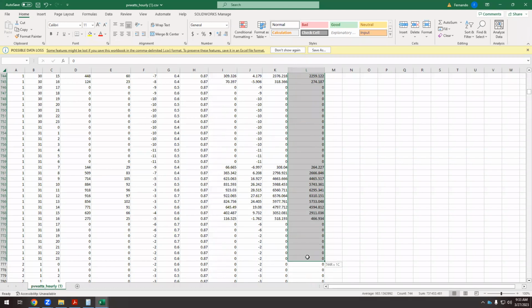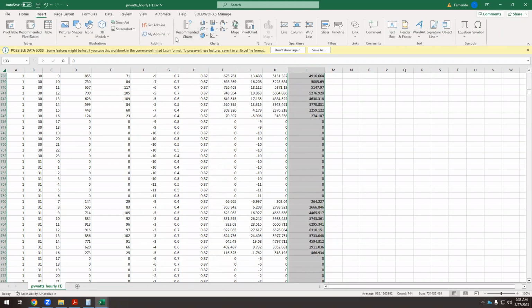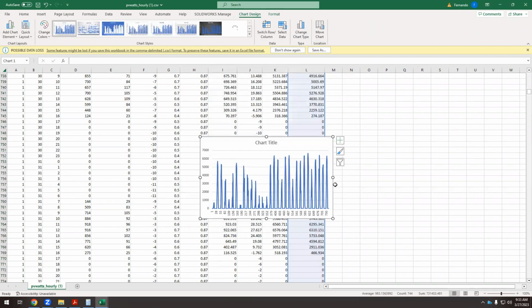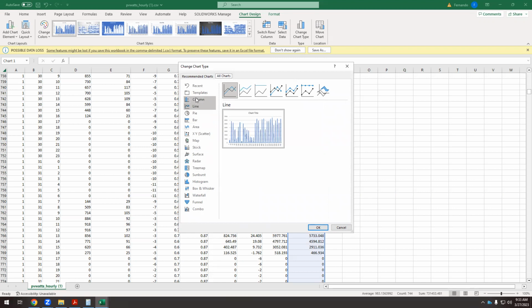You see that January the 31st is here. So I have selected all these values, and then I can insert a chart with bars. So this is it. I want to change because I want columns.